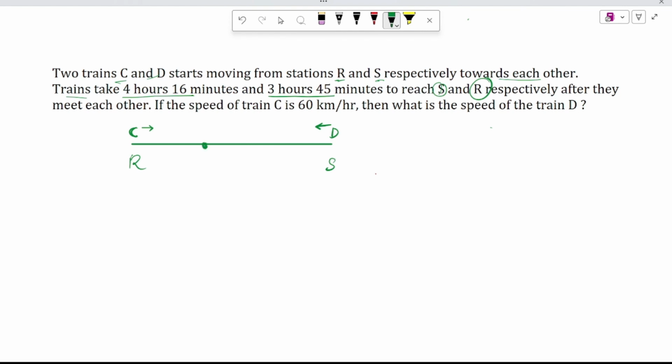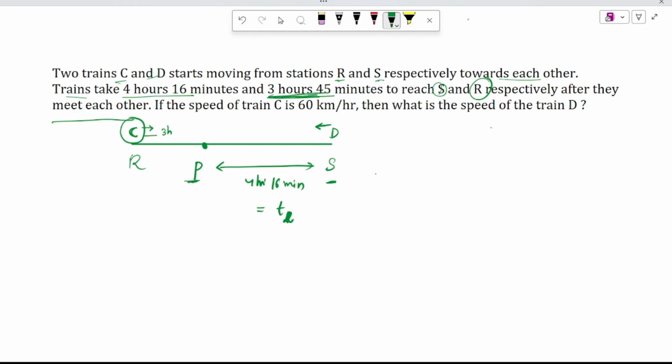See here, let this be the crossing point where they meet each other. Let it be P. So what they have given here is that train C took 4 hours 16 minutes to travel from the crossing point to station S. Before, in the derivation, we took this as T1.